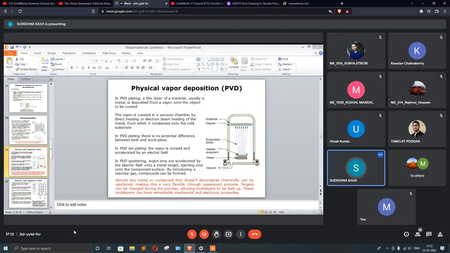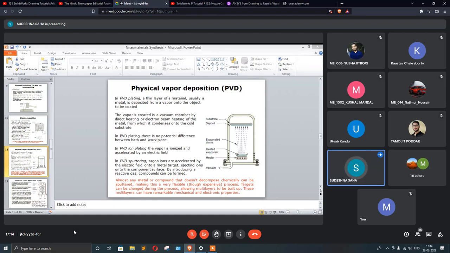Okay, so in PVD plating, basically, a thin layer of material, which is usually a metal, is deposited from a vapor onto the object that needs to be coated. Okay, so you look at the top of the chamber, there is the substrate, and at the bottom you have the evaporant that needs to be deposited on the substrate, and you do have a heater over here.